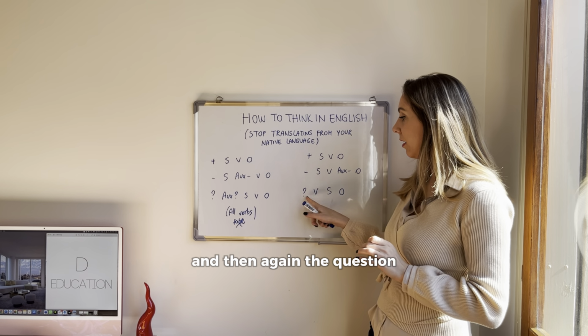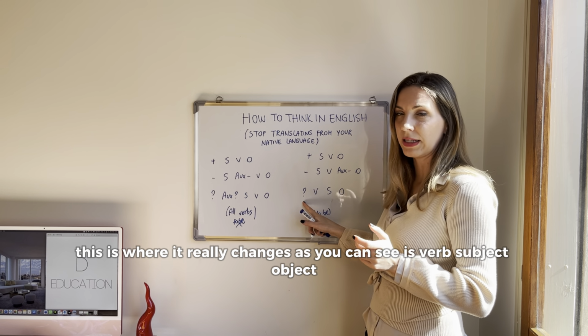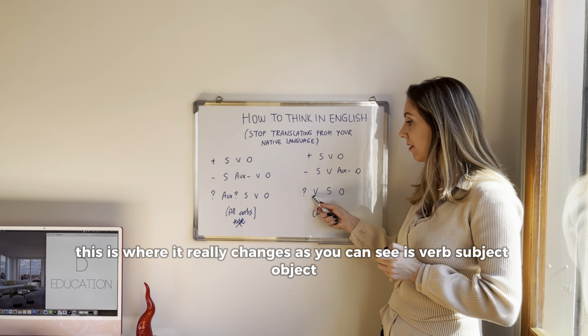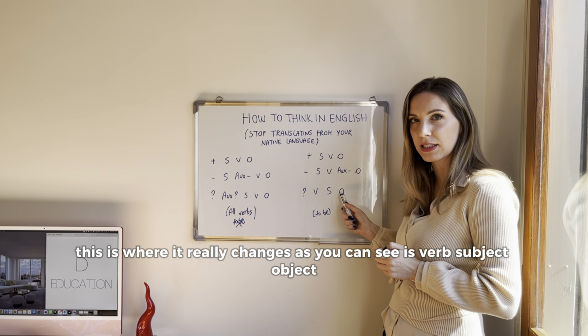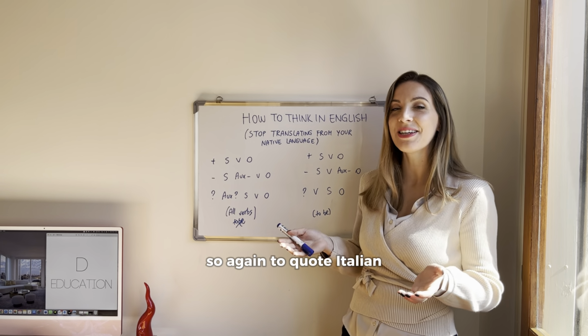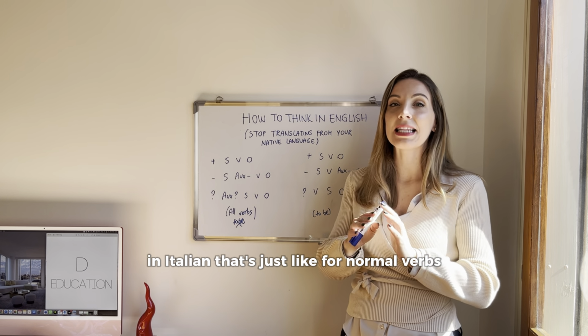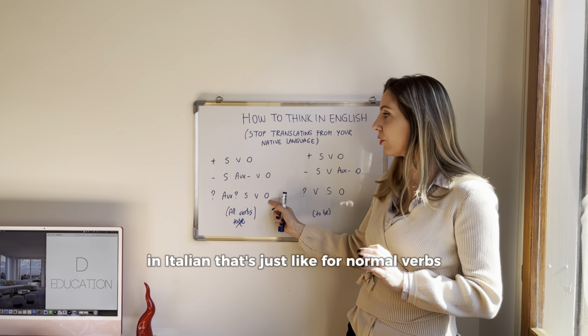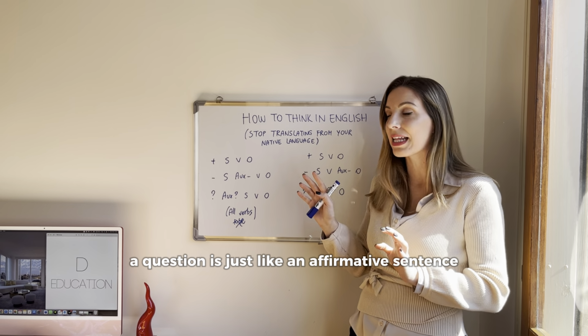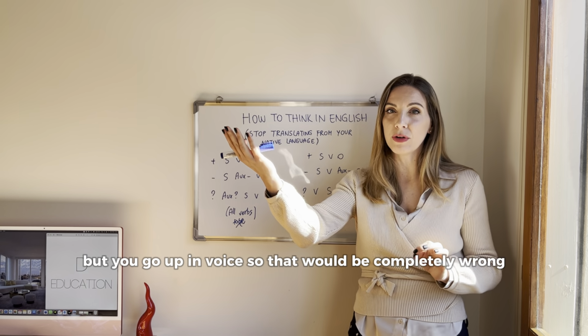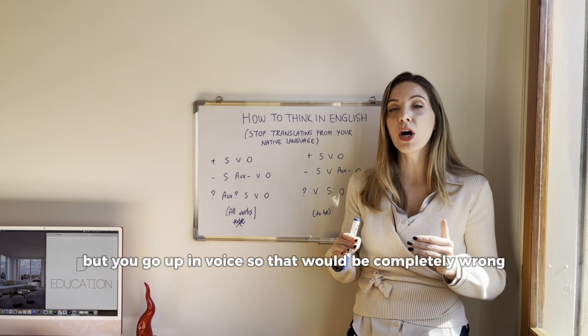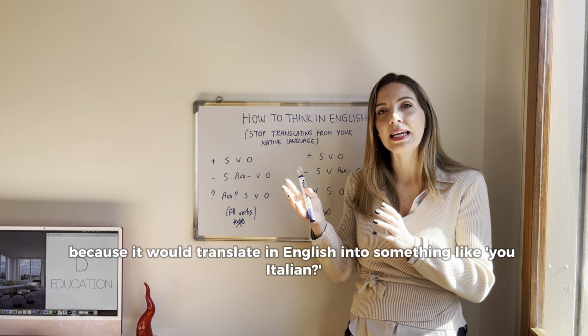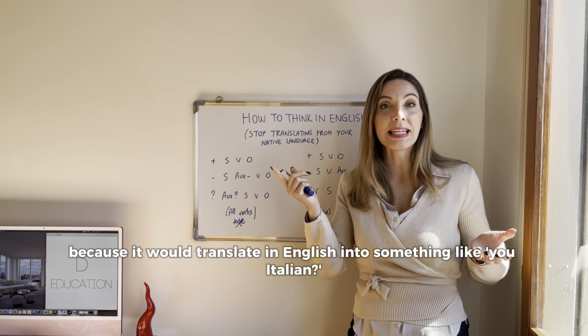And then again, the question, this is where it really changes, as you can see: it's verb, subject, object. So again, to quote Italian, that's just like for normal verbs, a question is just like an affirmative sentence, but you go up in voice. That would be completely wrong because it would translate in English into something like, "you Italian?"